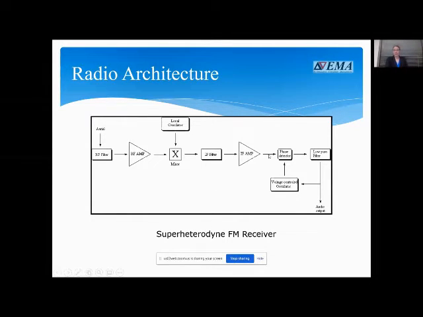And since that's the way the information is transmitted, after you do the same architecture with selecting your frequency with your local oscillator, mixing it, producing your intermediate frequency, then you need a phase detector or voltage controlled oscillator to get the audio output that you want.